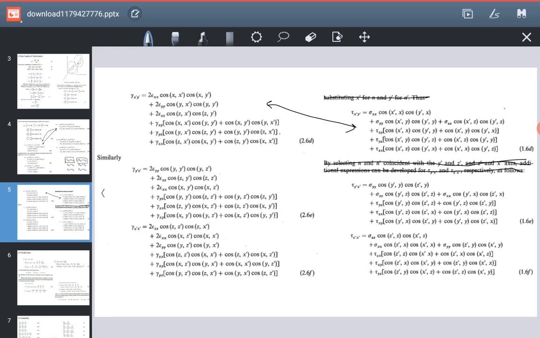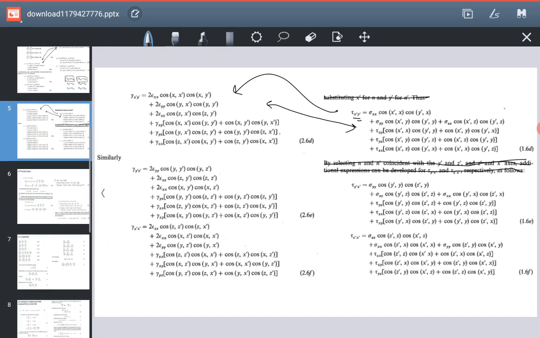So if you know this expression, you can also come up with this expression as well. This is all about finding the shear strain and the normal strain, and it is also very much related to the concept of shear stress and normal stress, which you have seen earlier. If you closely look at these expressions, you can find the relationship between the two.